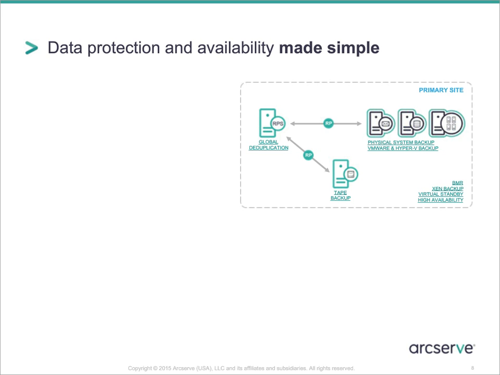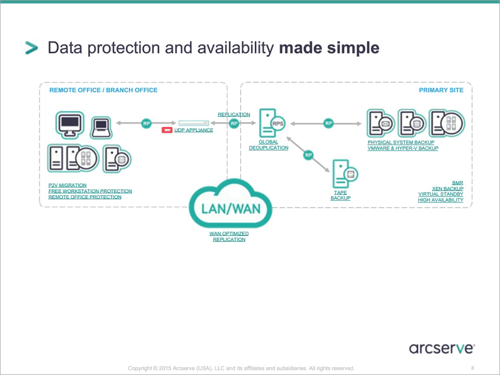But then as you start to roll out the solution, it could be that you've got remote branch offices. When you've got other sites that you need to manage, it makes sense, where practically possible, to dedupe locally at every location, because by doing that, you're going to significantly reduce the amount of data that needs to be transmitted over any potential link.